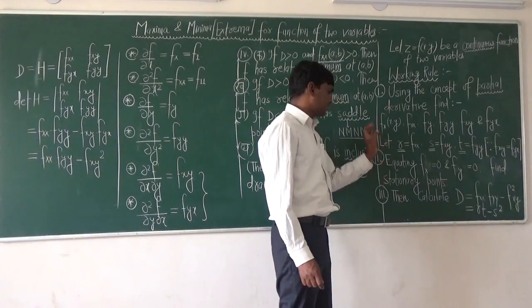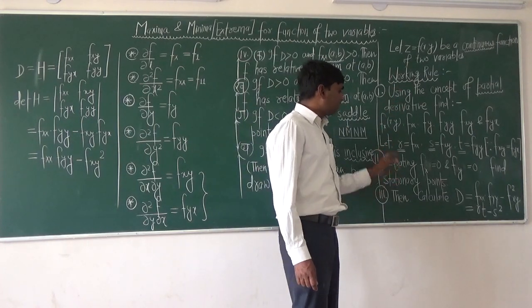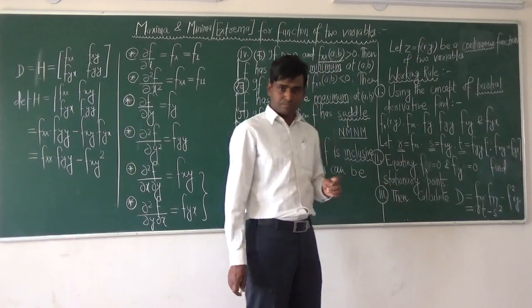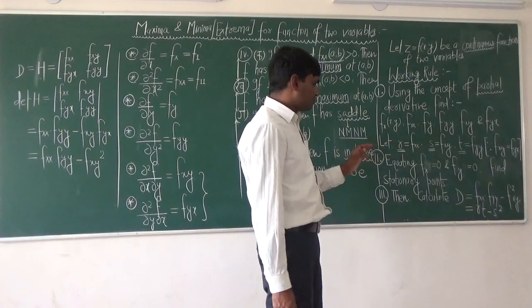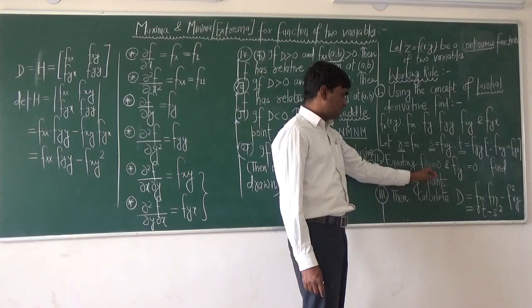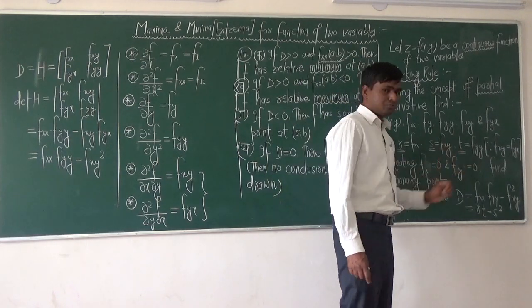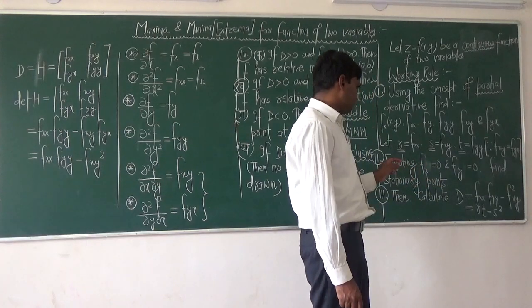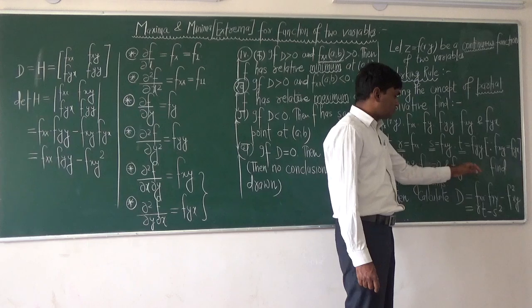In the second step of the working rule, find the stationary points. To find stationary points, take fx equal to 0 and fy equal to 0.